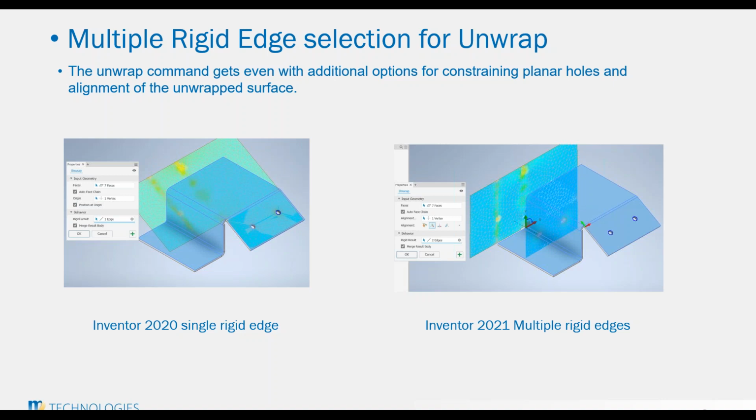The reason for this is if you had a series of holes on a surface, the 2020 command only allowed you to select one of them. In the video that I'll be able to show you here, it shows how you can select multiple edges and how the part will unwrap around those. And I'll move on to the next slide.